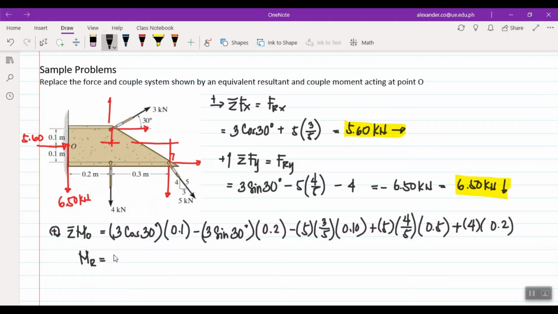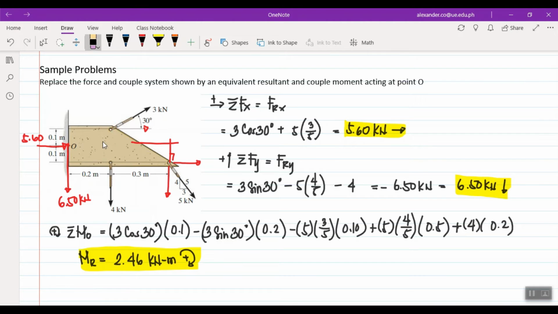resultant is equal to what? Okay, kumpitin ko lang. Okay, na-compute ko is 2.46. Ang unit is kilonewton meter. And since positive siya, this is the final answer. Okay? So, yun na. Ang final answer natin ngayon, lalagay natin yan.